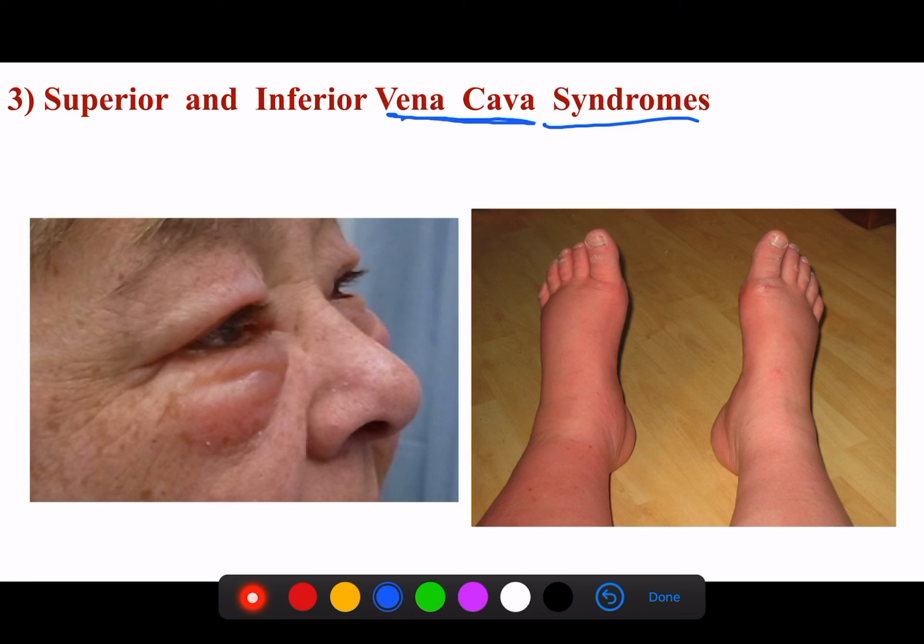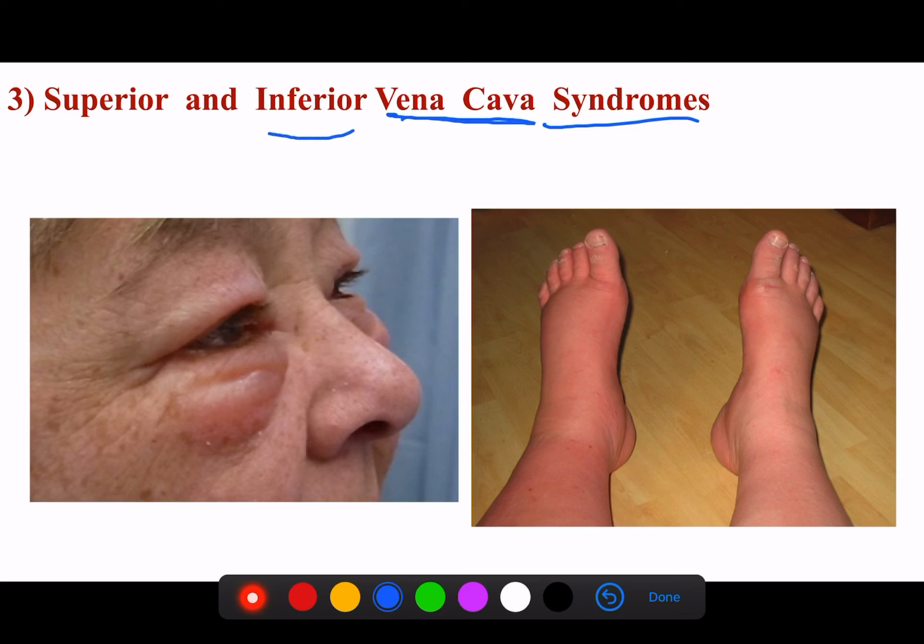When the superior or inferior vena cava is occluded by compression of a tumor in the thorax, by congenital anomalies, by mechanical force, by trauma, or by thrombus formation within the vena cava and obstructed, all this causes edema formation.